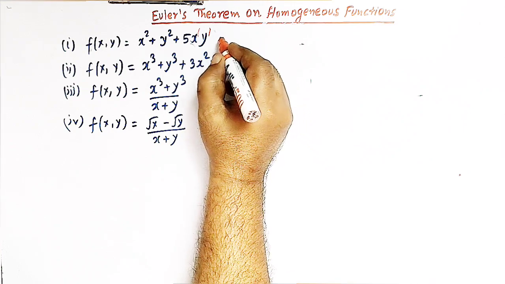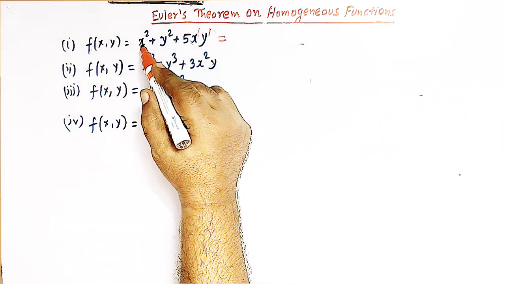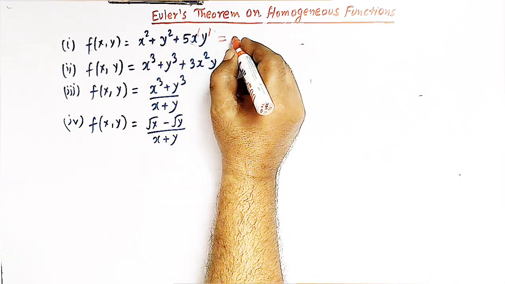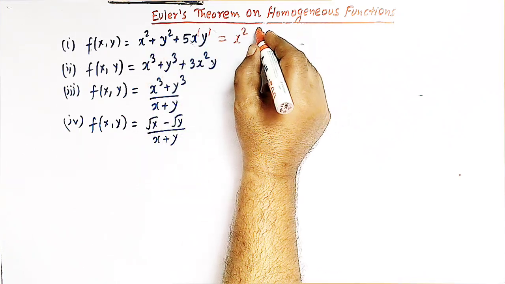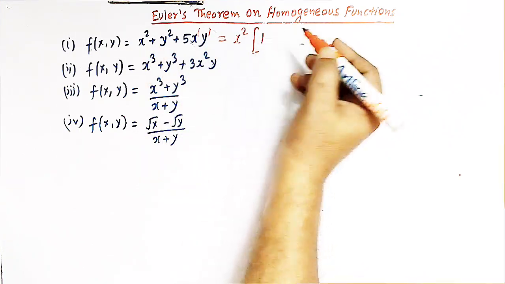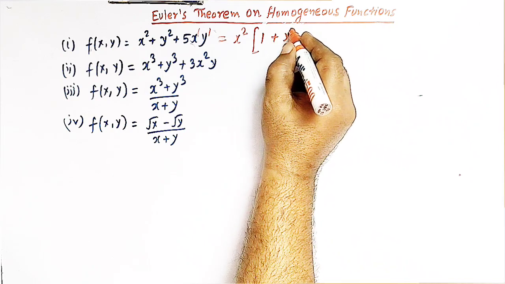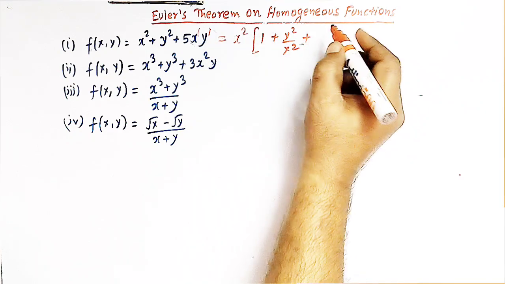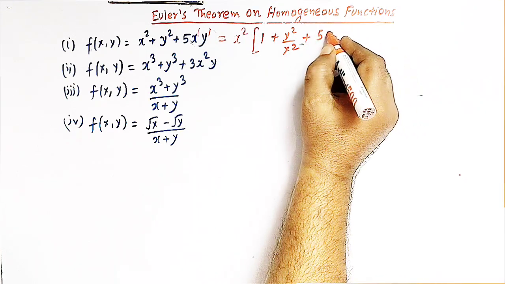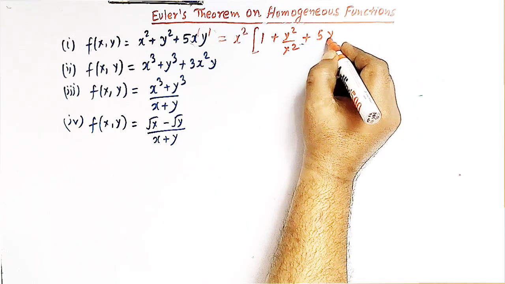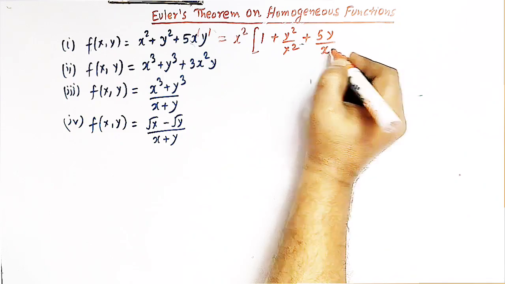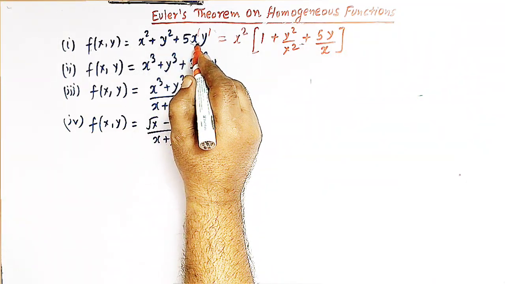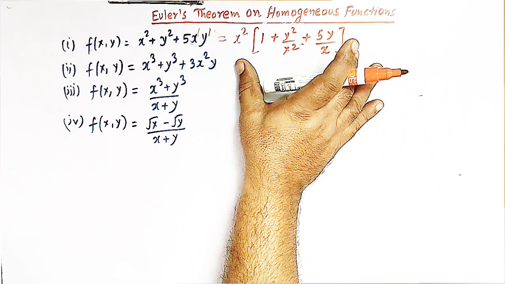Right, so let us take x square common from these three terms. So we can now write x square, and here we have 1, and then we have y square over x square, and here we have simply 5y, and here we have simply x. Right, so taking x square common from these three terms, we have this expression.